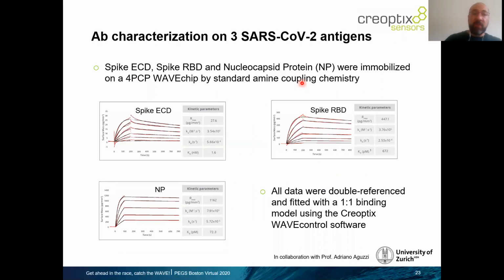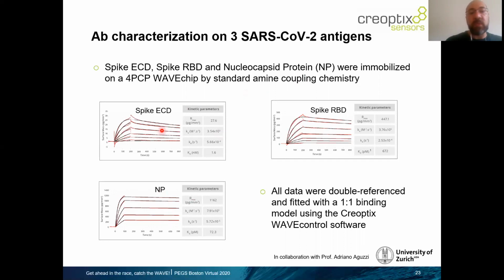Last example with biologics, with antibodies, we're using clinical data, and this is a collaboration with Professor Adriano Aguzzi at the University of Zurich, where we started to test antibodies binding onto Spike RBD, Spike ECD, and another antigen of SARS-CoV-2, the nucleocapsid protein.